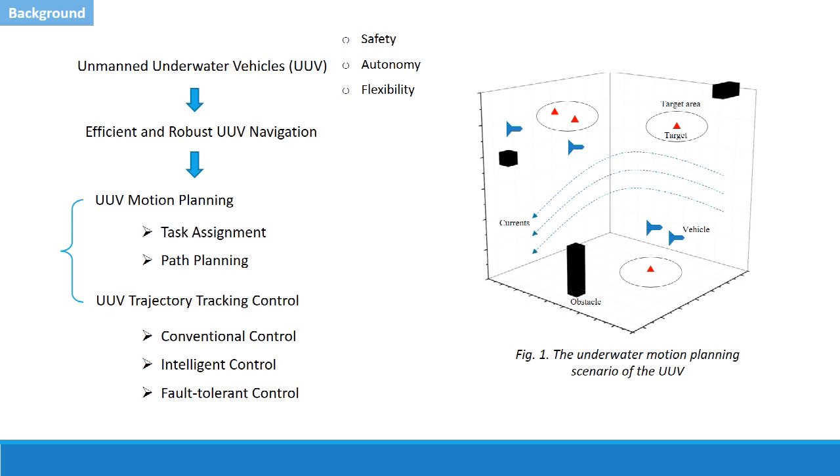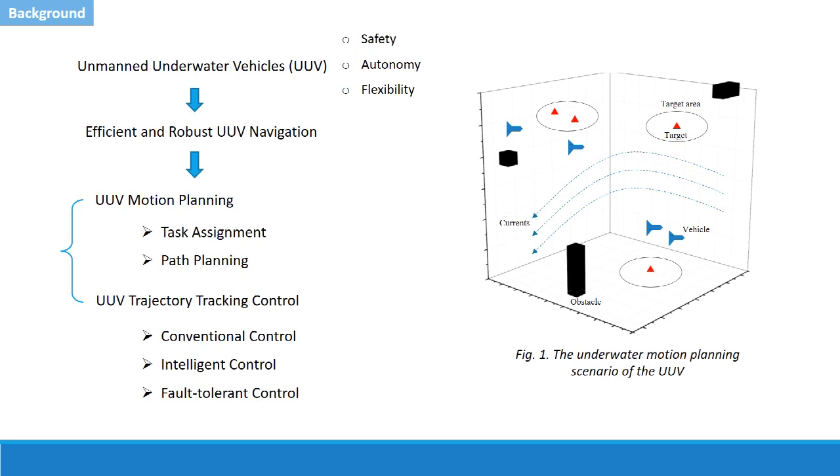To realize its underwater operation, efficient and robust UUV navigation has to be ensured. UUV motion planning and UUV trajectory tracking control are the crucial parts that can help to realize efficient and robust UUV navigation.